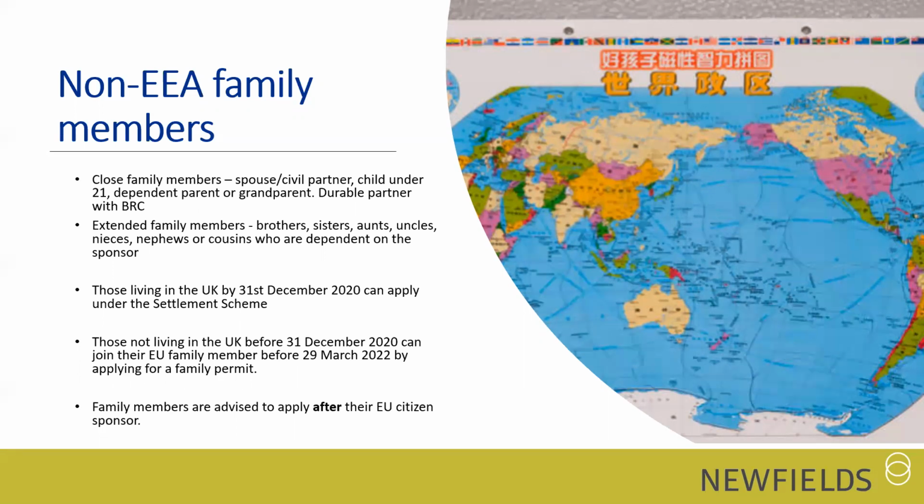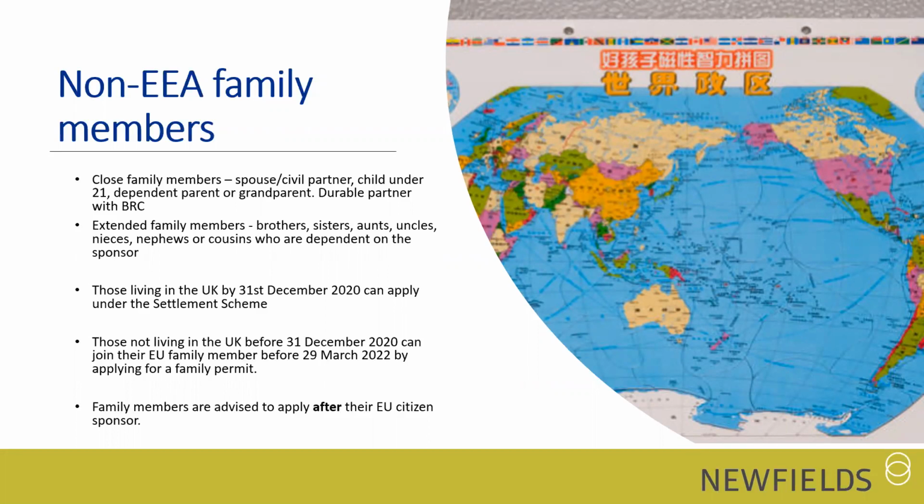Again, a bit like the situation with children, it's advantageous for the EU national to apply for the EU settlement scheme first, obtain their reference number, and then provide that to the family member in order to make their application, and it helps to link up the two applications.